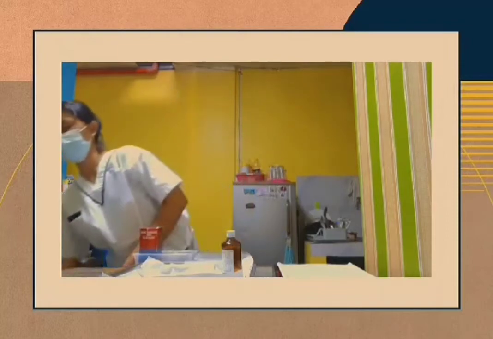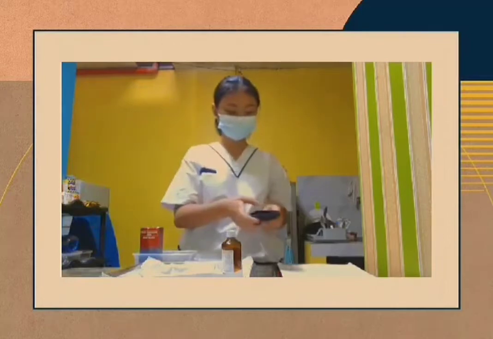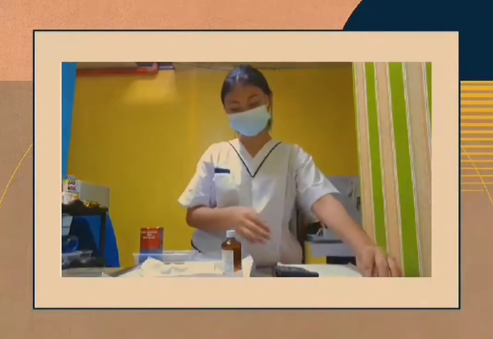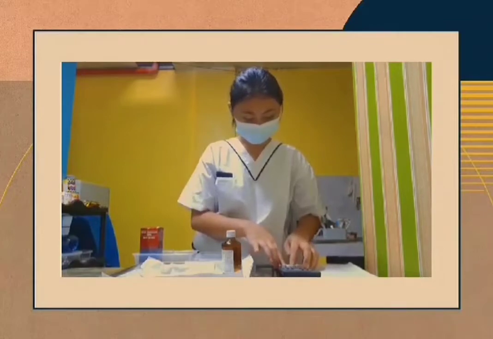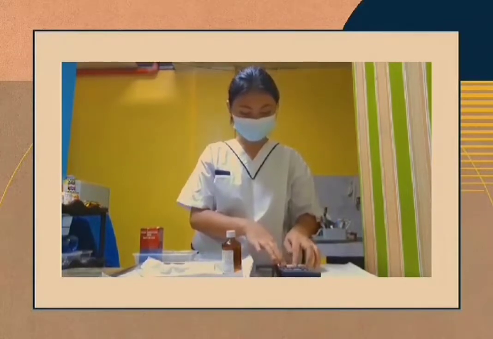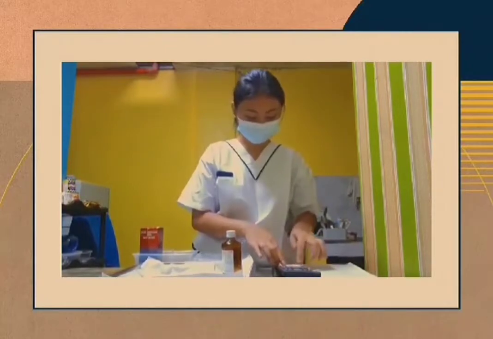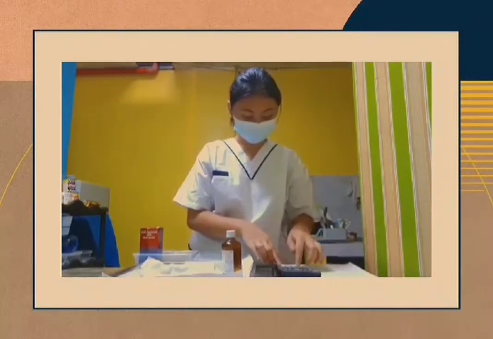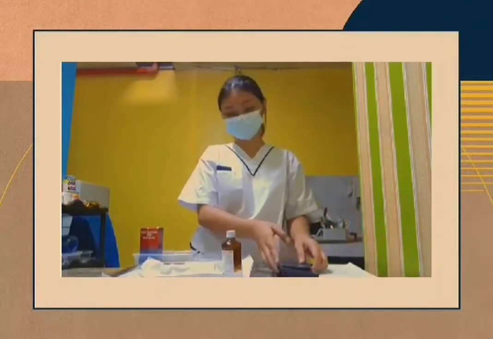Prepare the medication. Calculate the medication dosage accurately. Prepare the correct amount of medication for the required dose without contaminating the medication. While preparing the medication, recheck each prepared drug and container with the MAR again.